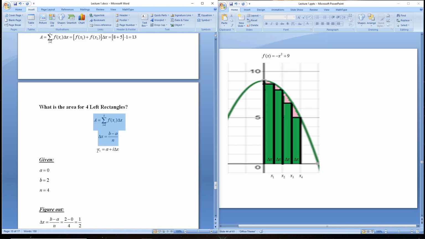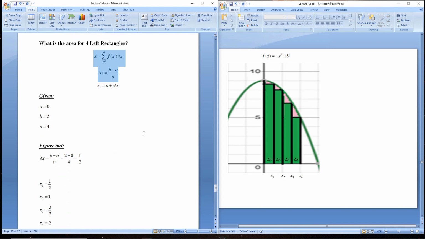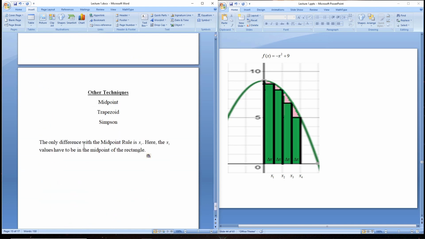What changes for midpoint is the x sub i. And that's the pattern here. For the left, right, and midpoint, these two equations in blue here are always the same. What changes is the x sub i's. Each of these techniques has its own x sub i. And so that's what changes with the midpoint rule.